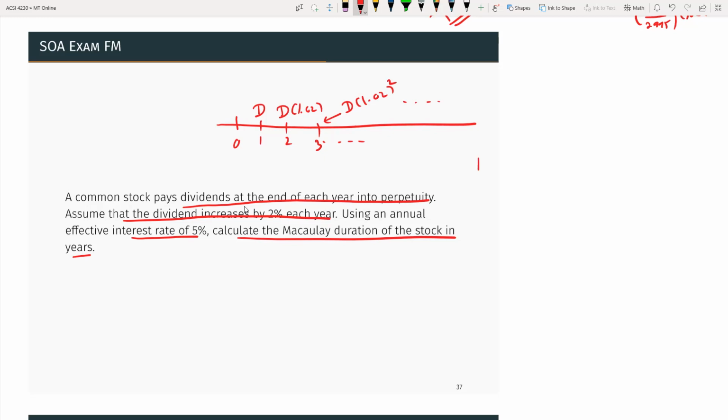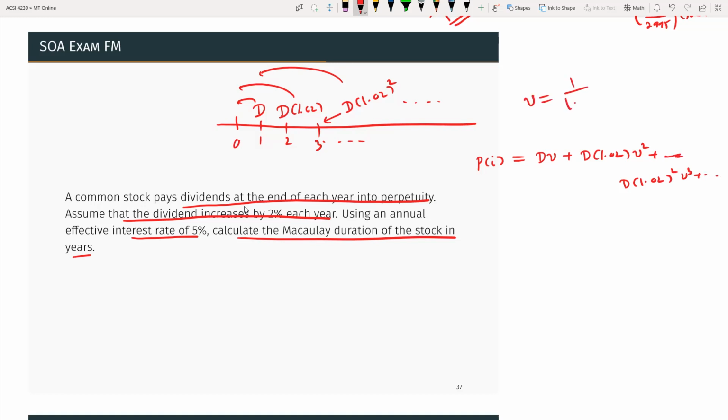So what's the price? You can see that you can discount this. This is like a geometric series. So we are discounting at rate 5%. So this would be D times V. What is V?